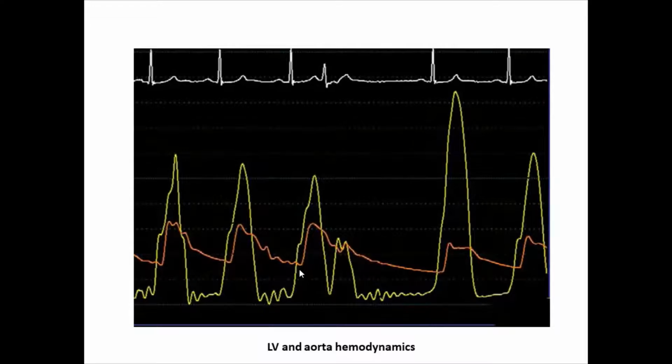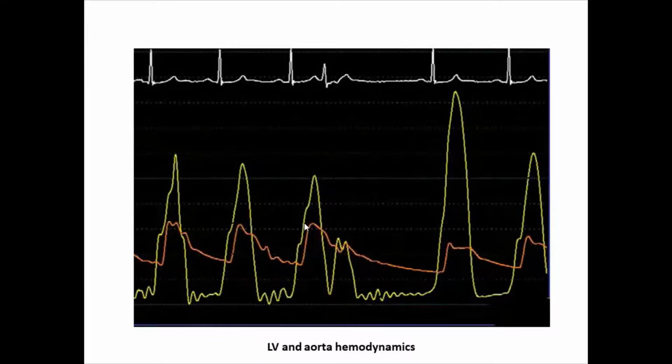What do you think? There is a decrease in the aortic pulse pressure. Number one, there is increase in the systolic gradient between the LV and aorta post-PVC. Number two, there is a decrease in the aortic pulse pressure post-PVC.